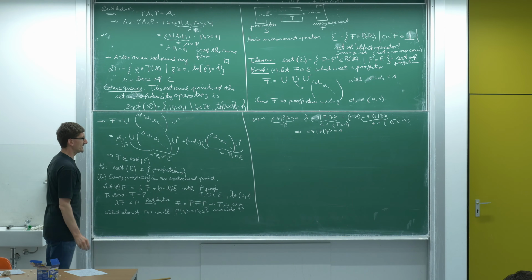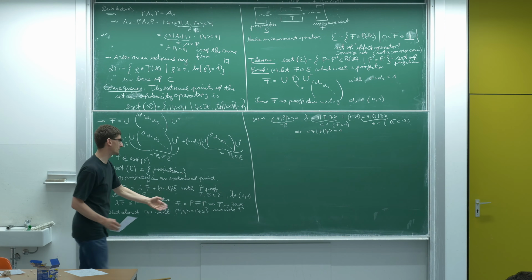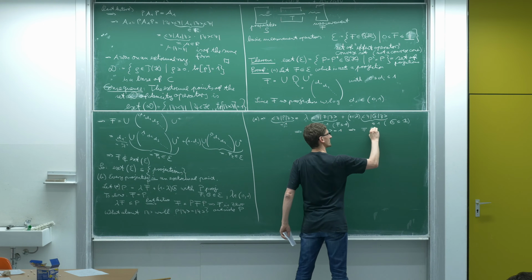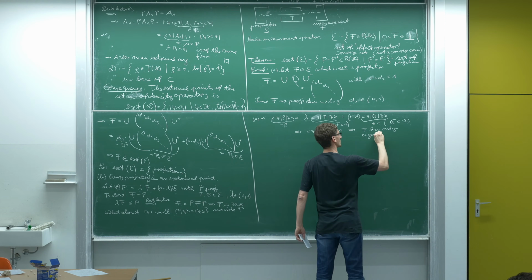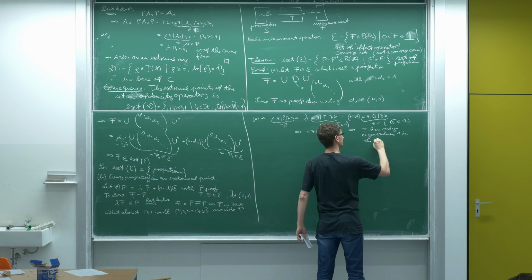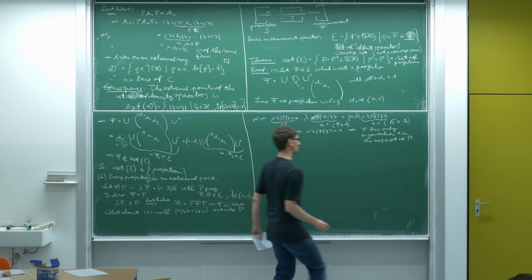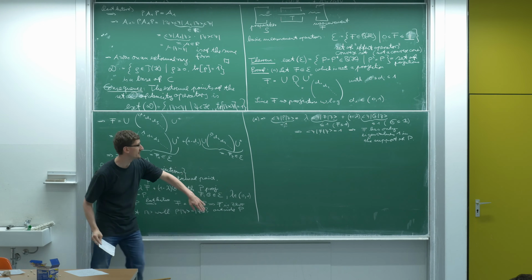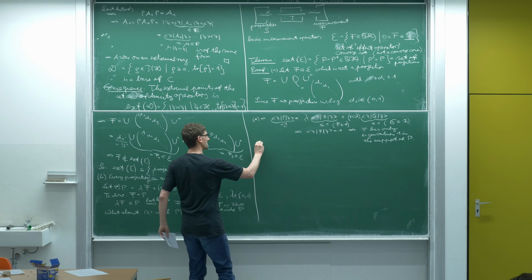This means that the only eigenvalues of F in the support of P are equal to 1. So F agrees with P outside of the support of P, and F agrees with P inside the support of P. So F is equal to P.